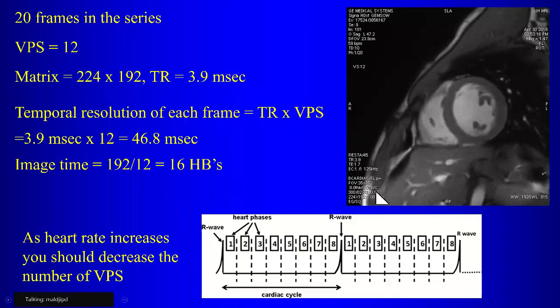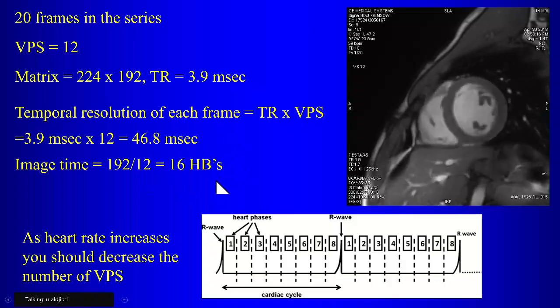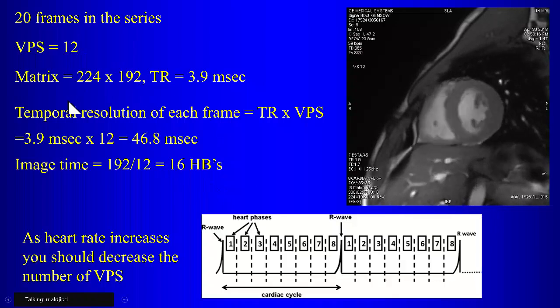Now, is there a penalty for that? Actually, no, because the heart rate has gone up. So in this case, it would take 16 heartbeats, which is 16 seconds. But if the heart rate was 122 beats per minute, and I reduced my views per segment to 6, I would need twice as many heartbeats.